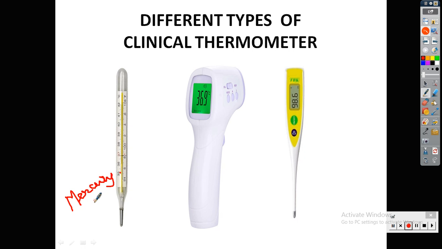So the mercury metal is used here, that's why this thermometer is called a mercury thermometer. And this one, as I told, has a digital display, so it is called a digital thermometer. This is another type of thermometer. We are coming to these thermometers now.